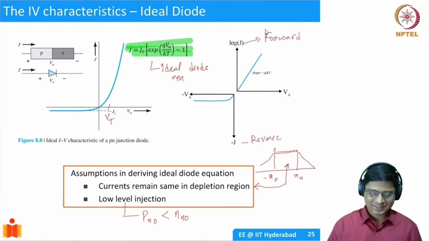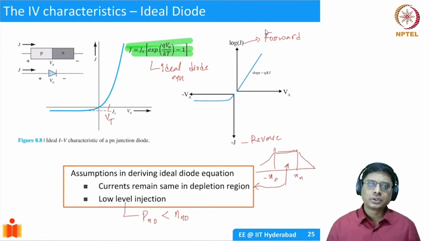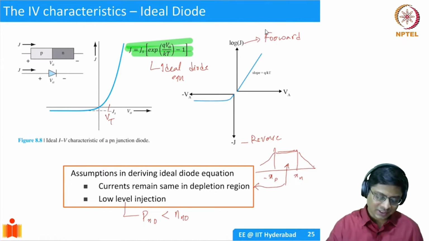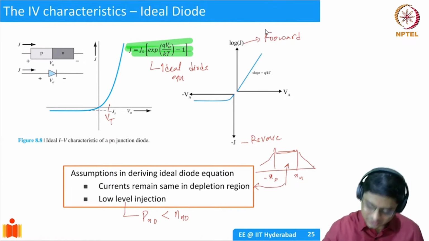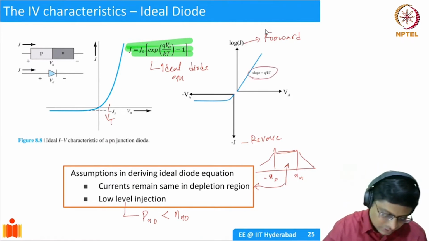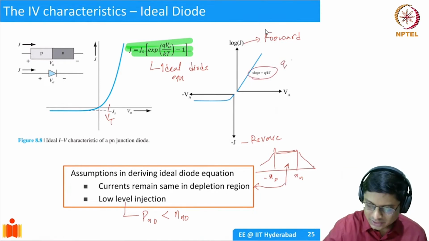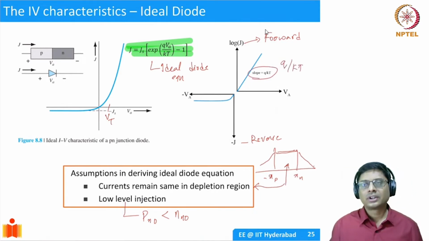It's just a mixed graph, which is why there is this small break in the axis. If you take the logarithm of the current, the slope is basically q over kT, and you get a straight line if it's an ideal diode. We'll quickly show that this is never going to happen.